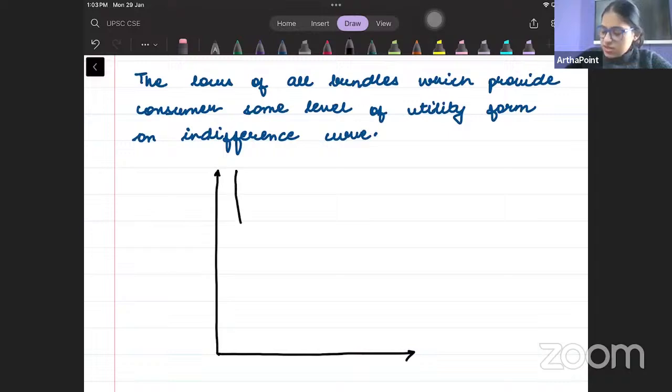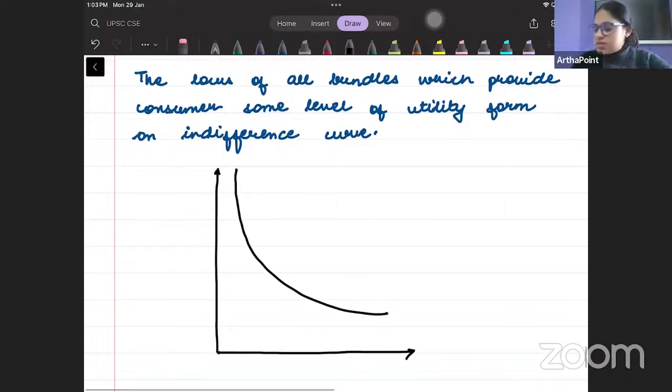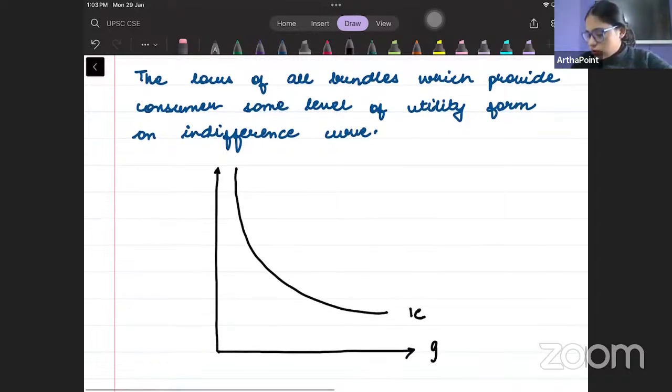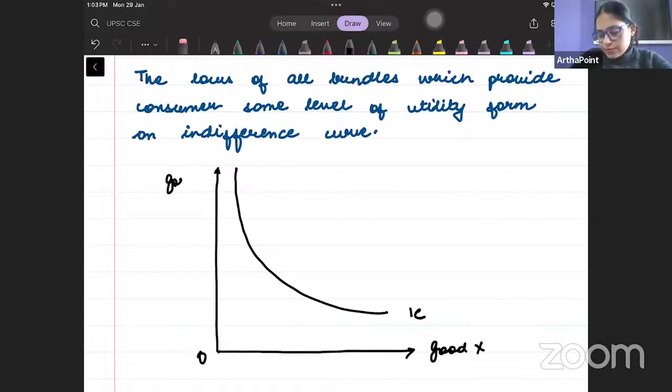Consider this. This is an indifference curve. This is good X. This is good Y. If I consider points A, B, C, all of these points give the consumer the same utility.